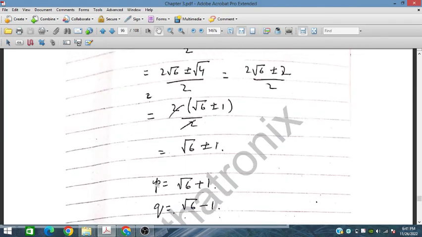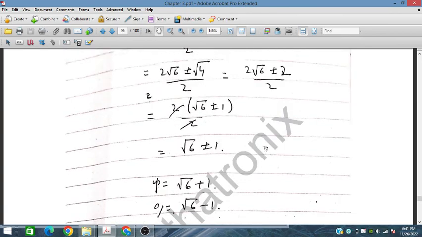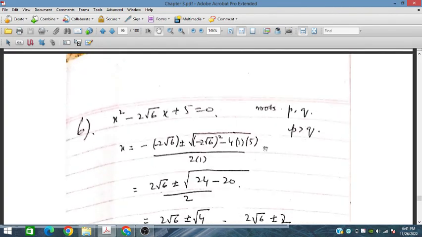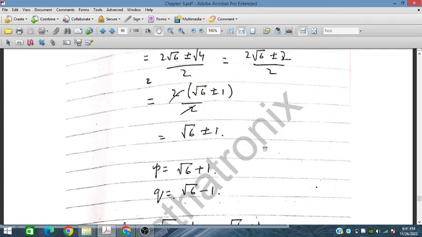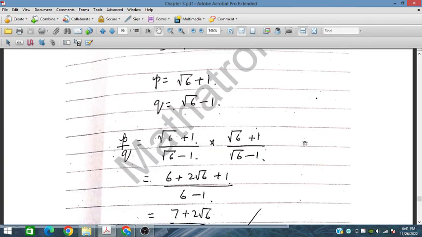So p is greater than q. So this is the solution. So p upon q is equal to, we have to obtain this also. A ratio of p and q. This is also the part of this question.